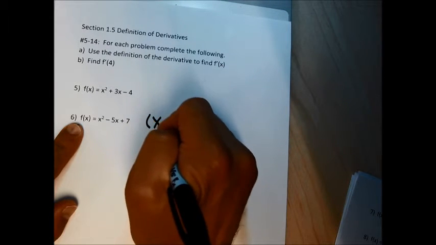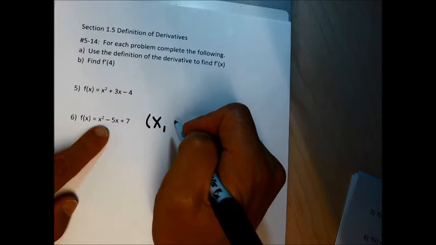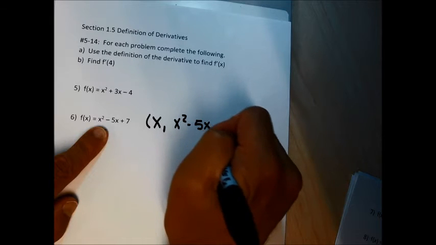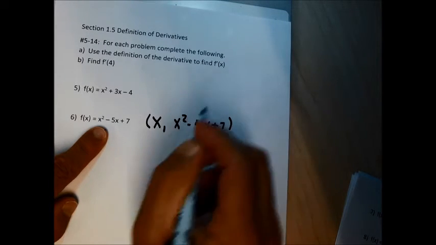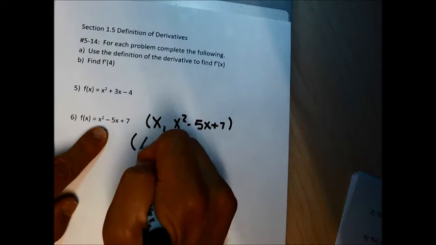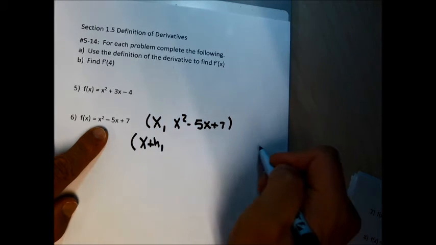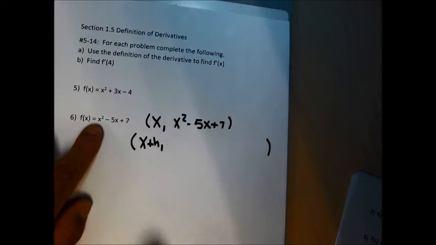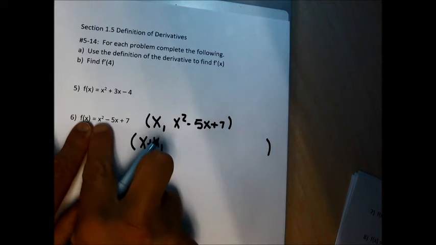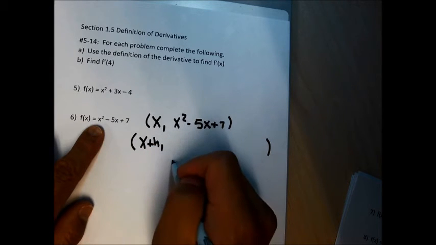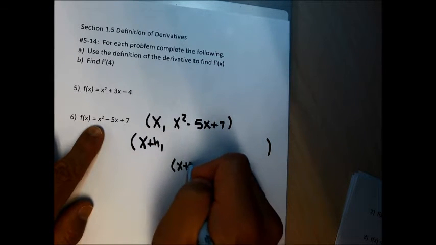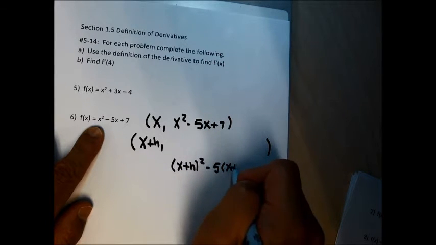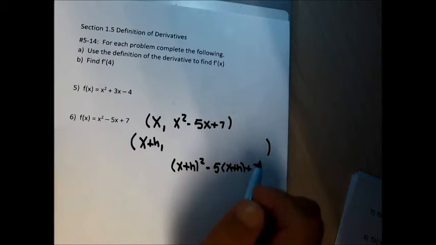My first point is going to have the x and the function value, x squared minus 5x plus 7. My second point needs to have x plus h and something. To figure out what the y coordinate is here, I take those two x's and change them to x plus h. So it's going to be x plus h squared minus 5 times x plus h plus 7.